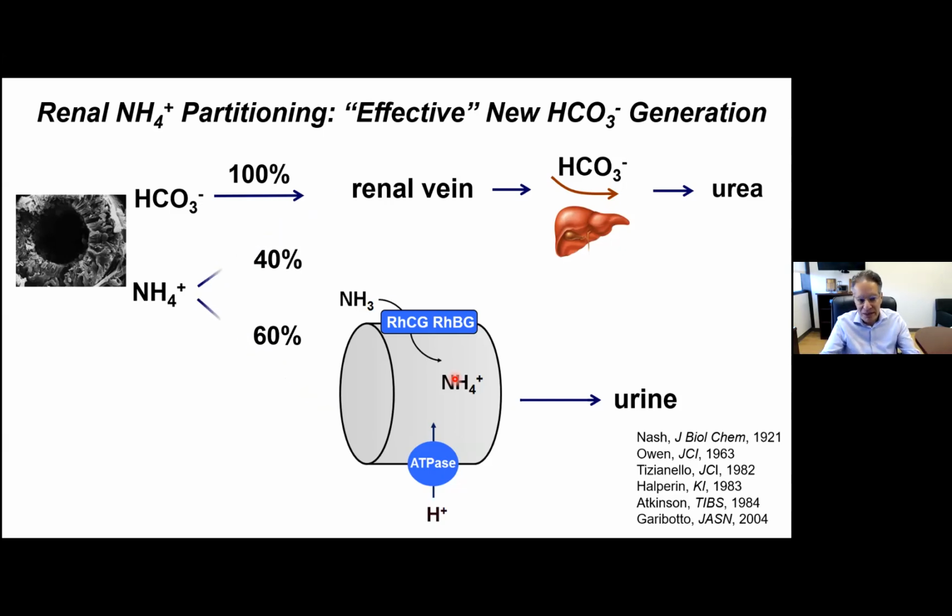Some of it is wasted in the formation of urea. The 40% that doesn't get excreted uses up that component of bicarbonate to make urea. And then in a certain sense, that's futile. The ammonia gets into the urine via a number of complex transport processes, which I won't have time to talk about today. But in the final step of the transport mechanisms involved in the urine, it gets into the collecting duct via proteins that are called RhCG and RhBG.